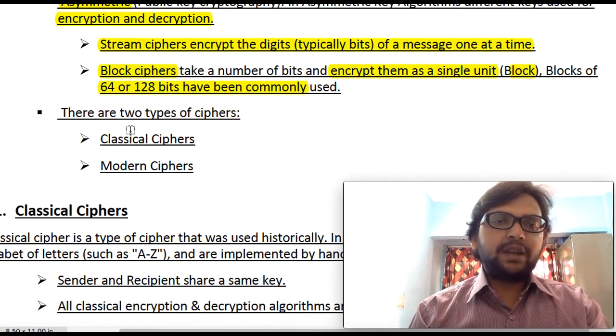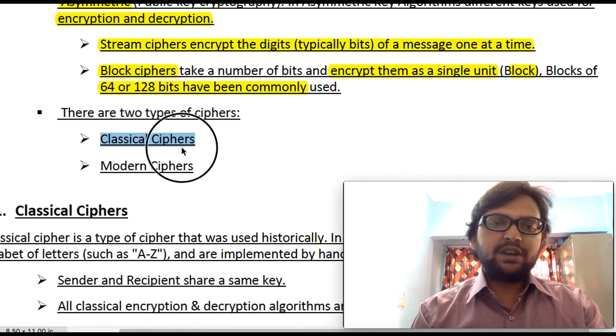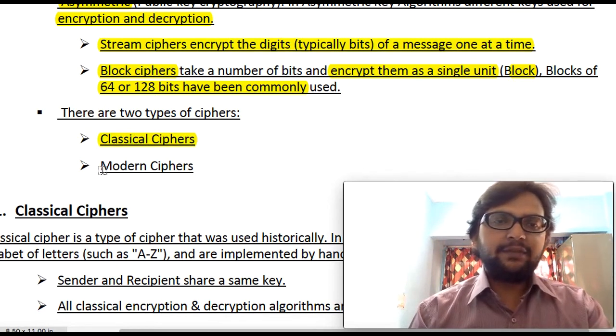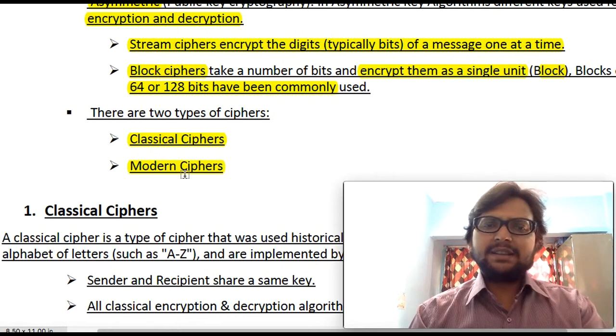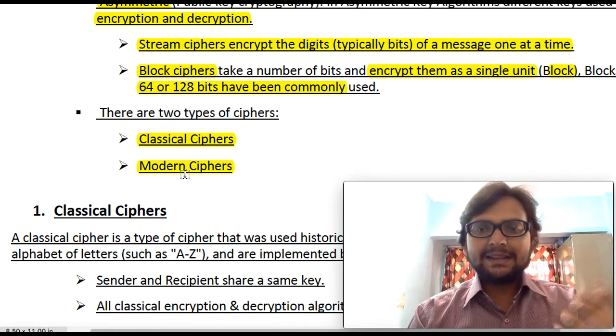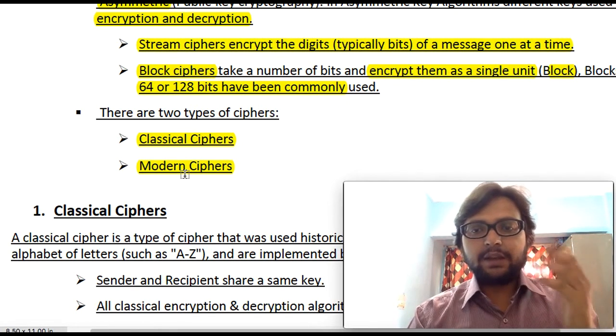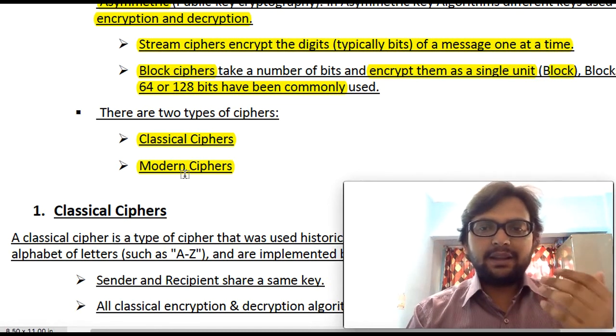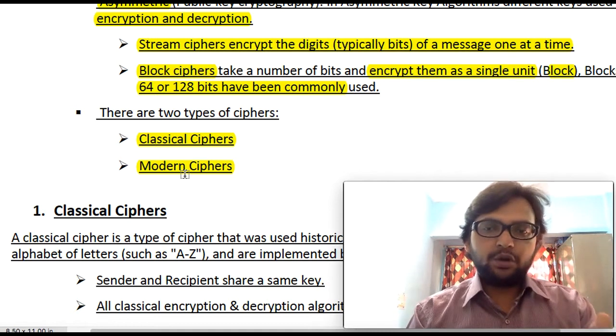Now there are two types of ciphers, as we already checked in that particular diagram. One is classical cipher and second is modern cipher. Classical cipher is a very old pattern. When this cryptographic pattern came into existence, we were using some classical algorithms, but in today's time everyone knows about those algorithms.